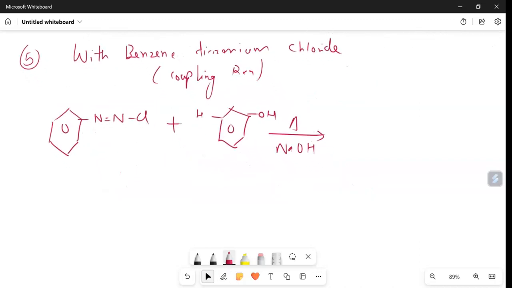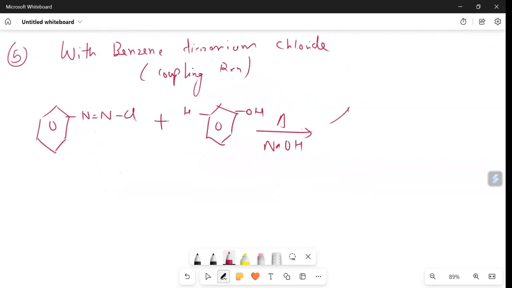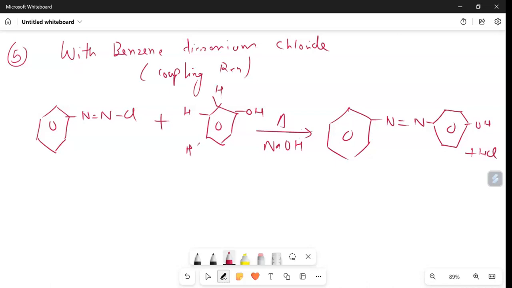It will form para-hydroxyazobenzene, which looks like this: N=N, OH, plus HCl.